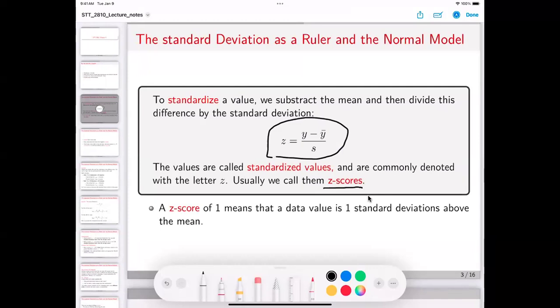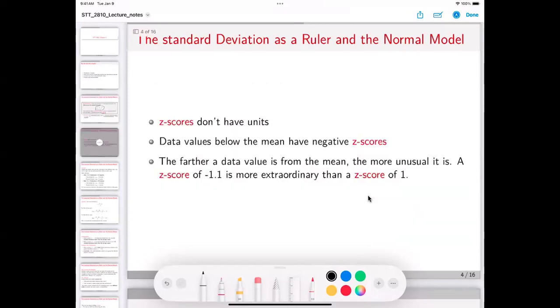So whenever you have a z-score of 1, what it means is that the data value is 1 standard deviation above the mean. You see this one here is positive. Is that okay? That is why it's above the mean. And one thing you also have to know is that z-scores don't have units because we have standardized them.